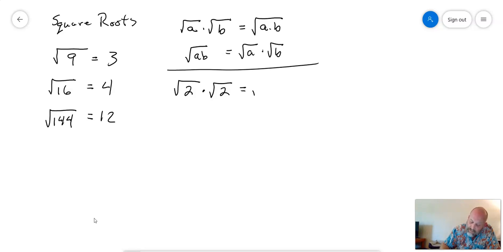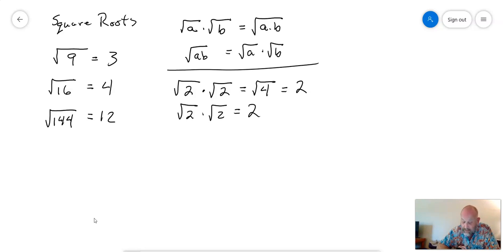So 2 times 2 is 4, so that means this is the square root of 4. And the square root of 4 is 2. And so you notice when I multiplied the square root of 2 times the square root of 2, what I got was 2. And so if I multiply a radical by itself, it kills the radical.